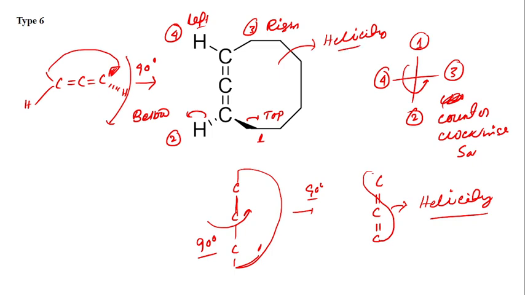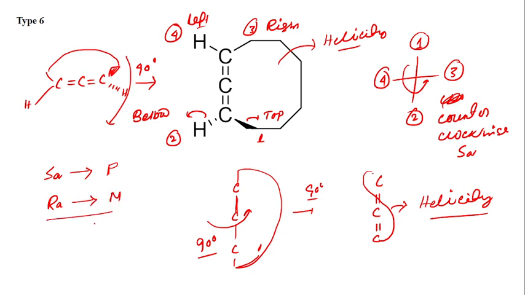But as we don't have a model, here we'll take the help of tricks. So if you find that this allene has an SA description, then the helix is going to be P. You have to remember this point. And if the allene has an RA description, it is going to be an M helix.